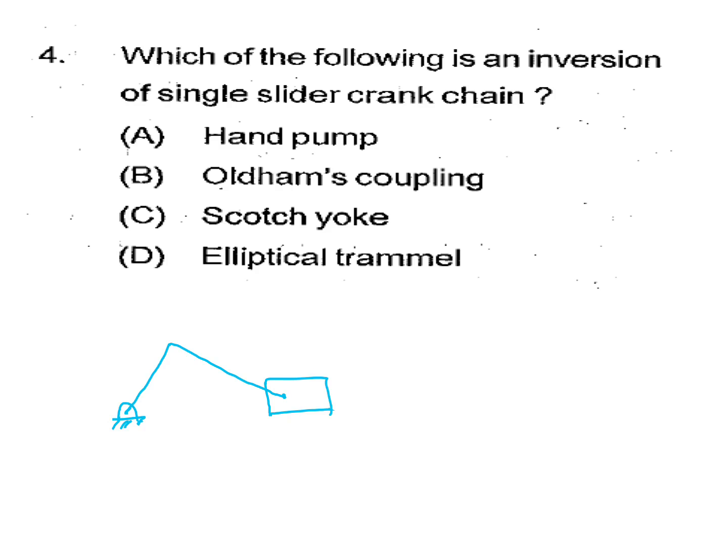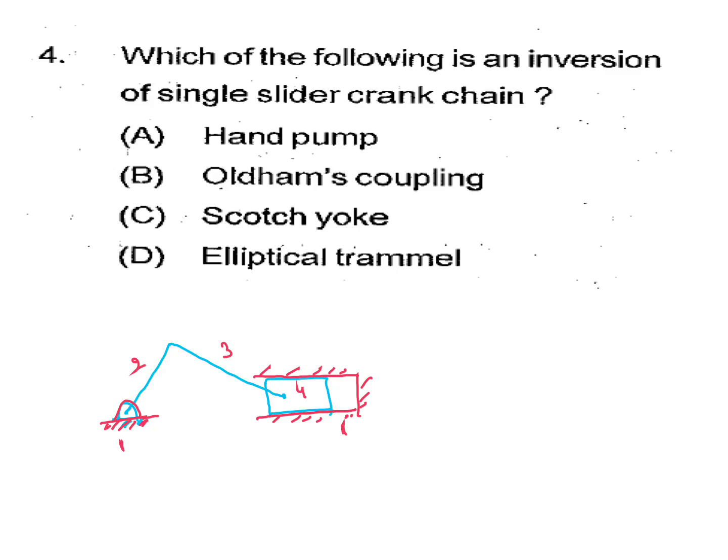So here, this red color is the body or frame, link 1, then link 2 is the crank, then link 3 is the connecting rod, then the slider is link 4.